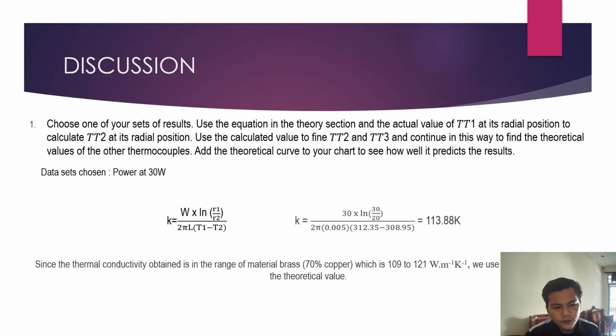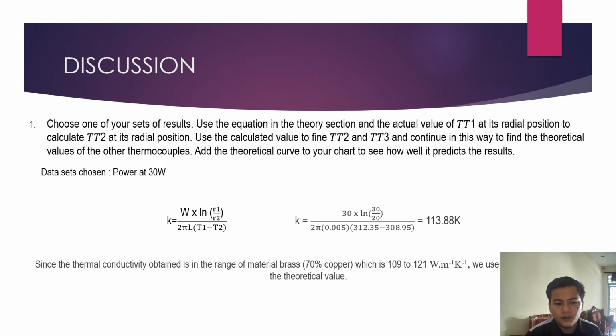The data we have chosen is power at 30 watt. We use the equation K equal to W, the power, times ln R2 over R1 over 2 pi L times T1 minus T2.